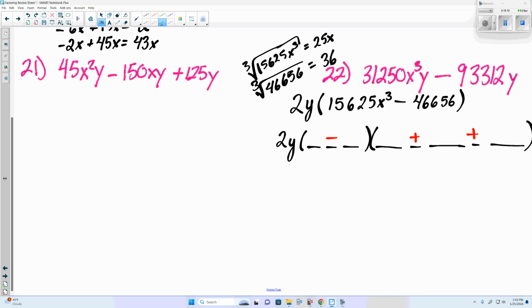Now, even though we do have some significantly big numbers, it doesn't change any of the steps in this process. Because our first term is 25x. Inside the bigger one, in the first spot, we would have 25x squared. In the middle, we'd have 25x to the first, and that's the last thing we do with our 25x.